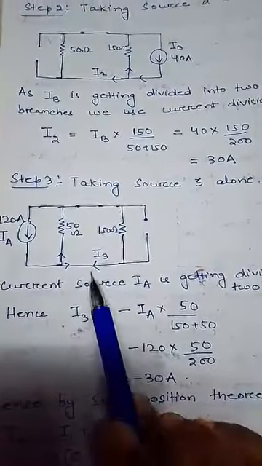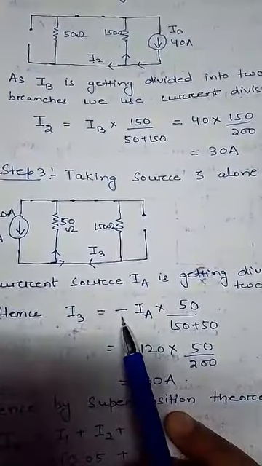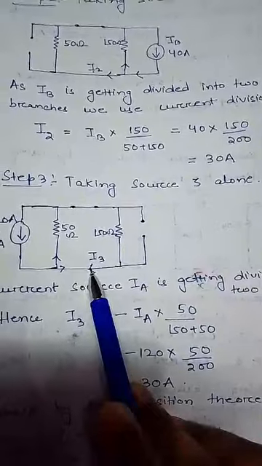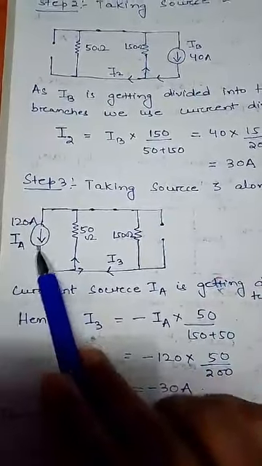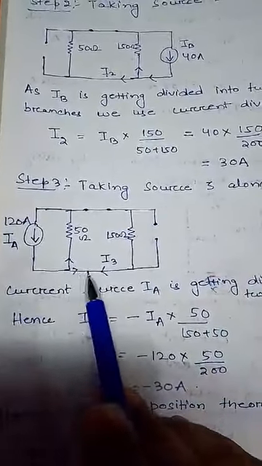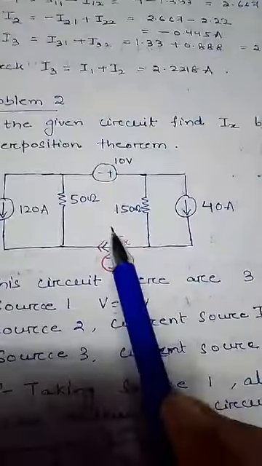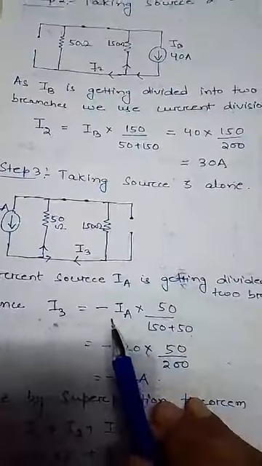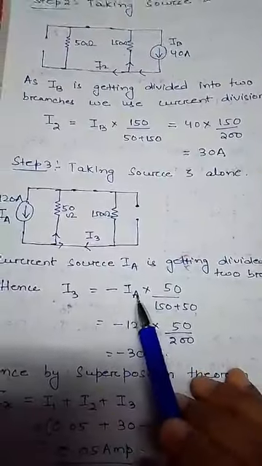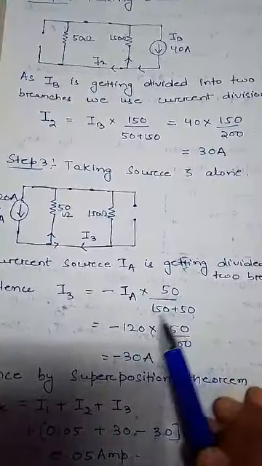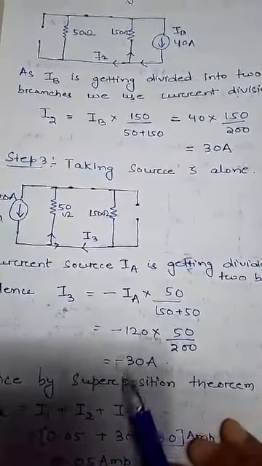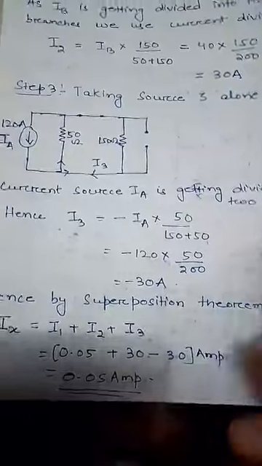I3 equals, and here I have given a negative sign, which indicates that the direction is opposite, because this current source direction is downward and it is divided in these two branches. But in my question the direction is given from left to right, so I use this negative sign. So I3 equals total IA current into 50, the opposite branch resistance, by total resistance, which gives me minus 30 ampere.